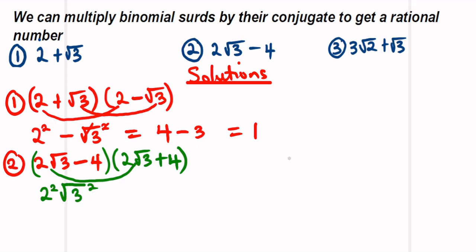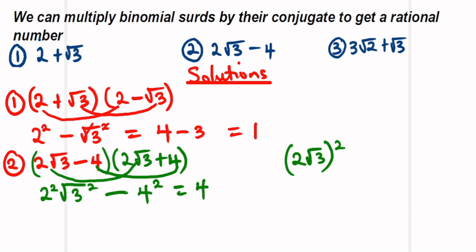You can join them together by writing 2 root 3 in a bracket, all square. You're going to get the same thing. So now we'll have minus 4 times 4, which is 4 square. Now 2 square is 4.